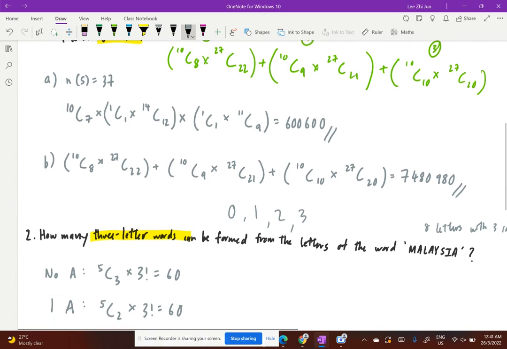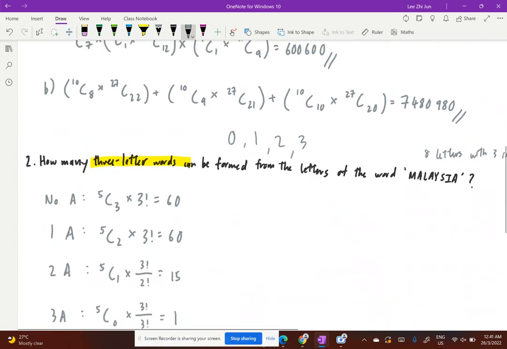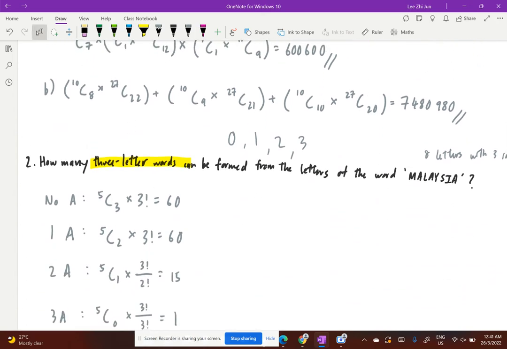If there is no A, you just have 5 letters MLYSI. So 5C3, and the three letters can be arranged among themselves, so 3 factorial, equal to 60.